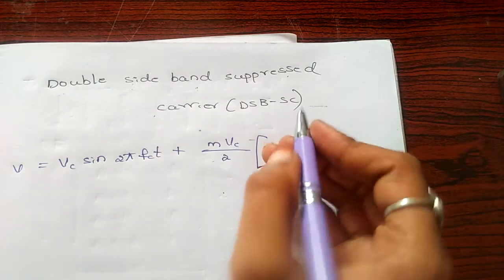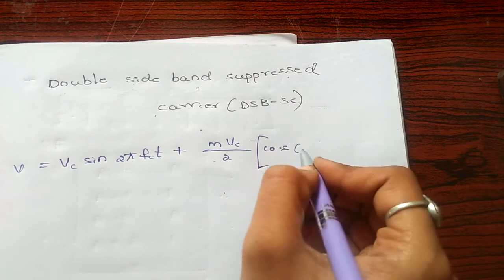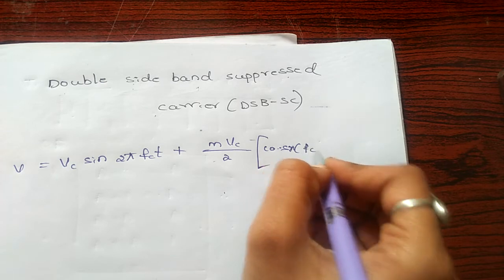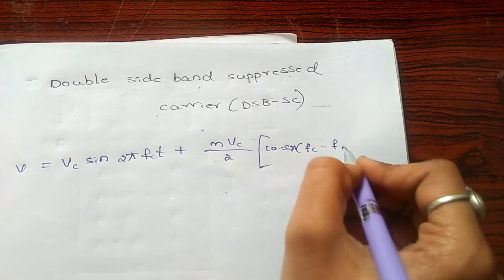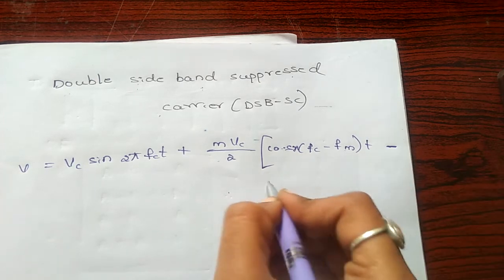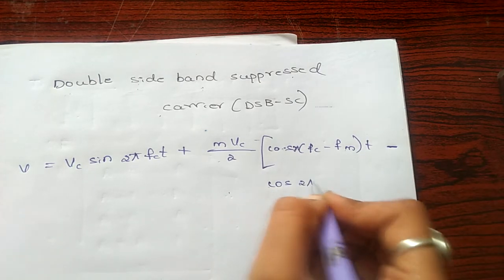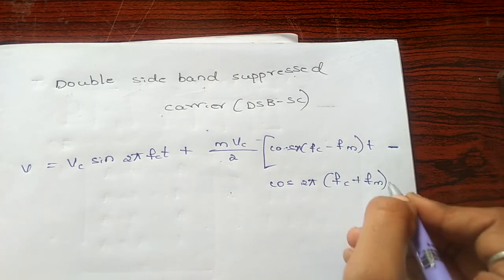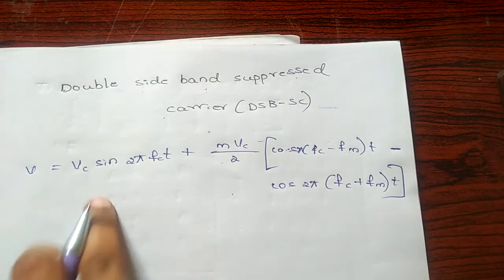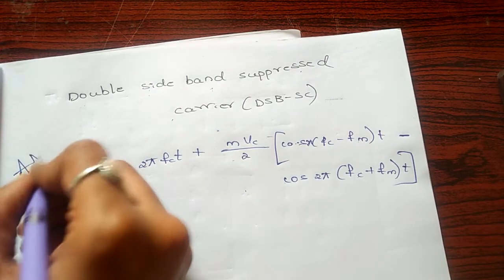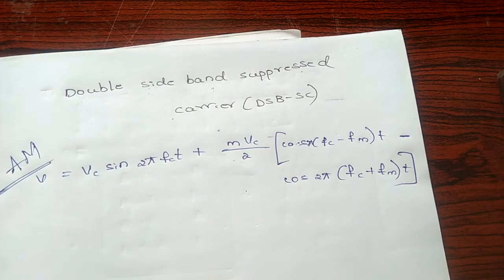Don't get confused. So this is the actual amplitude modulation time domain equation, right?